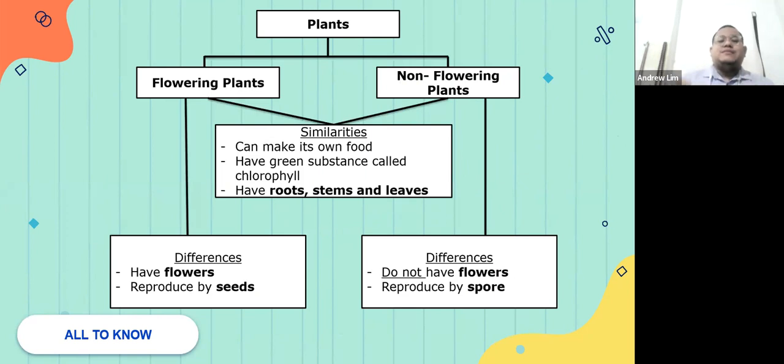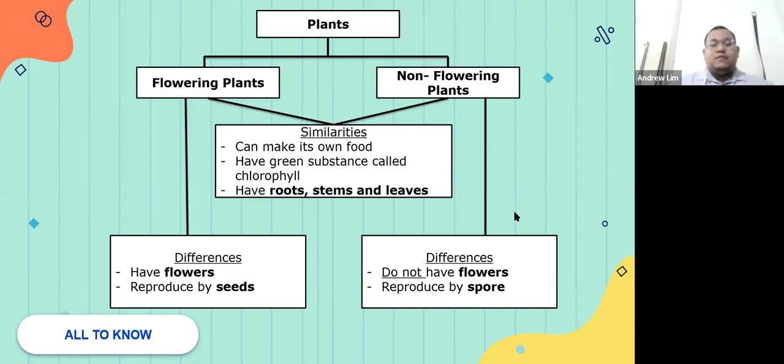They have a green substance called chlorophyll. They have roots, stems, and leaves. All right. The only difference between both sides is that flowering plants have flowers and reproduce by seeds, whereas non-flowering plants do not have flowers, they reproduce by spores. So all this we already covered in lesson number 3.